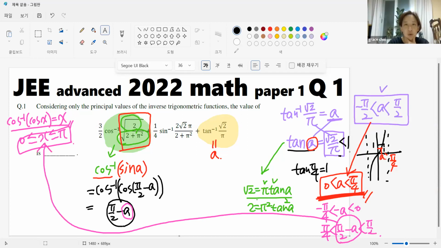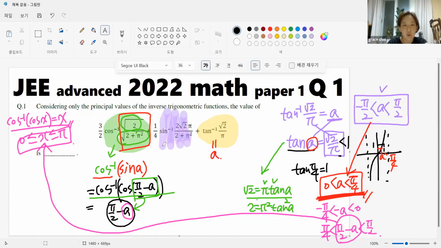Therefore, we can guarantee the value is just as it is, no change. Just pi over 2 minus A, that's it. So far, so good. I'm very satisfied. What about you?